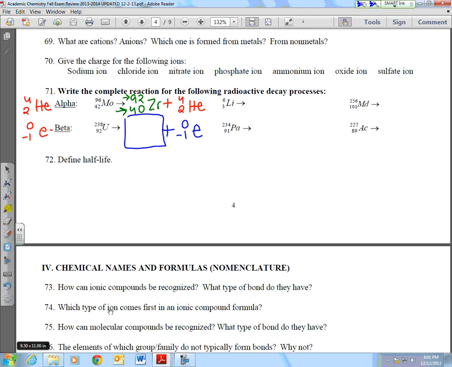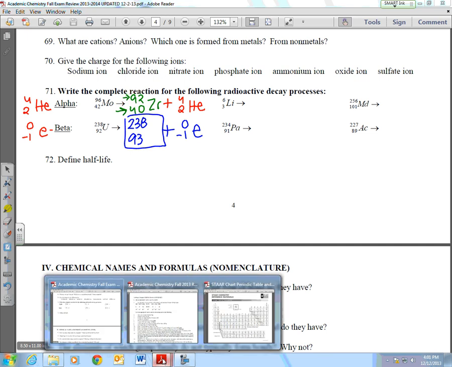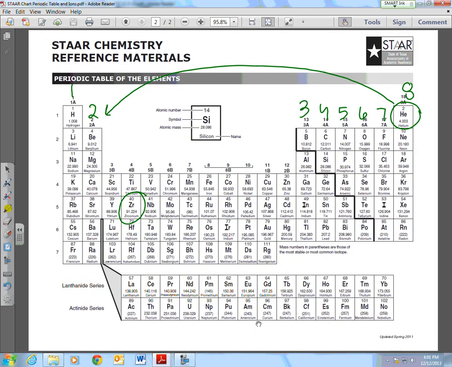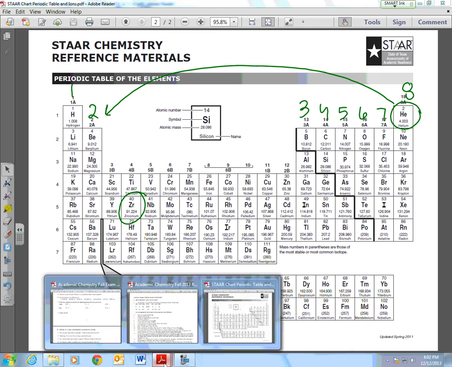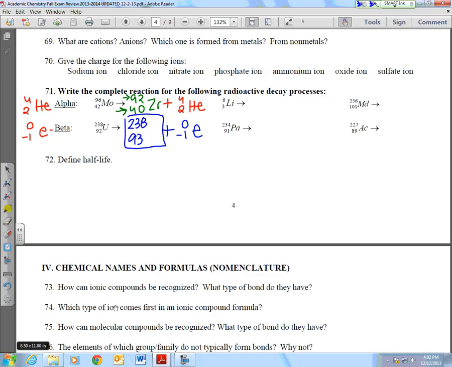So what should this bottom number be? 93. Very good, because 93 plus -1 gives me 92. The top number is still 238. So when I look up 93 on the periodic table, 93, where is it? Np, neptunium. Any questions about alpha beta?